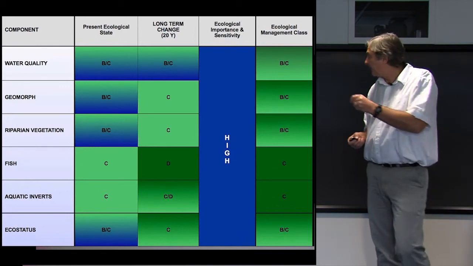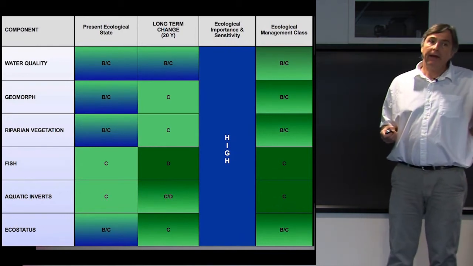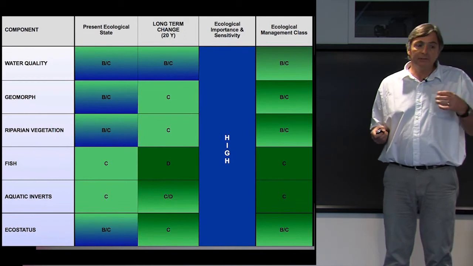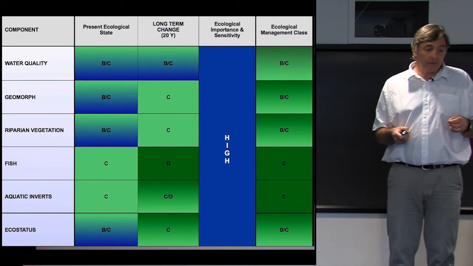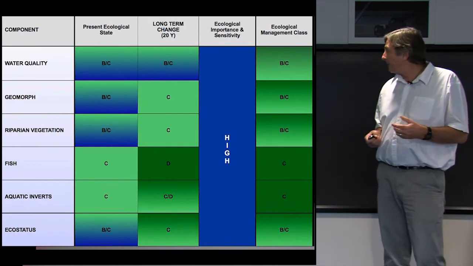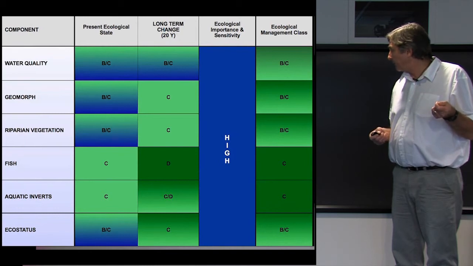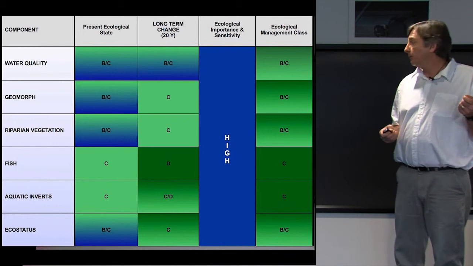And from that, the ecological management class, or what would be the class that the specialists would consider to be the requirement for the environmental flows. And in this case, you can see that to maintain the present class in most cases, in fact in all cases, would be the objective.